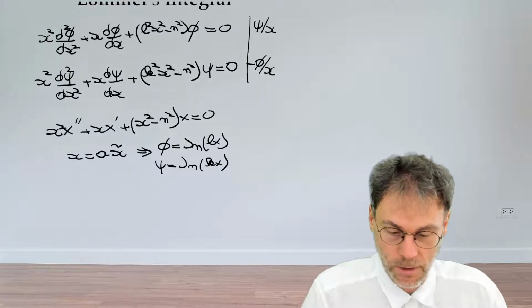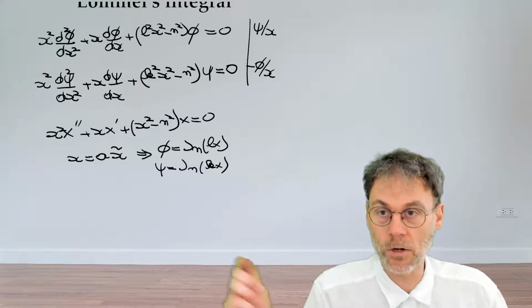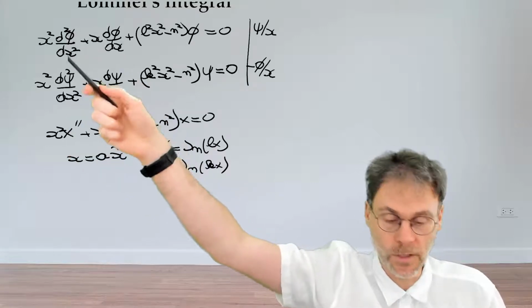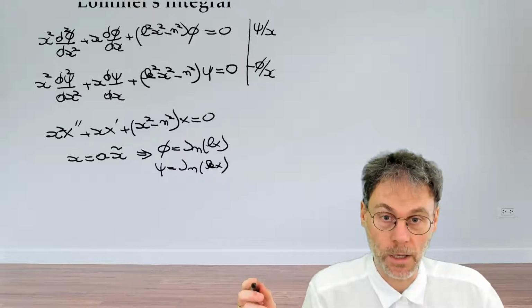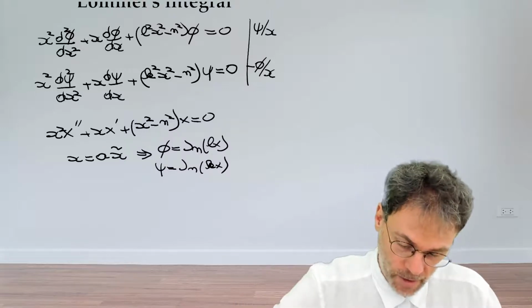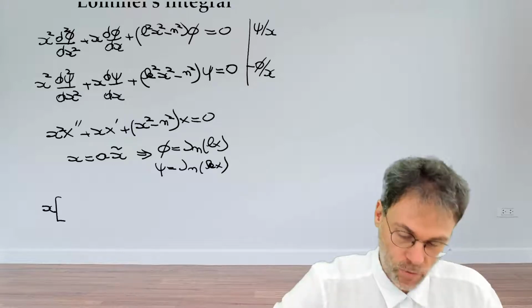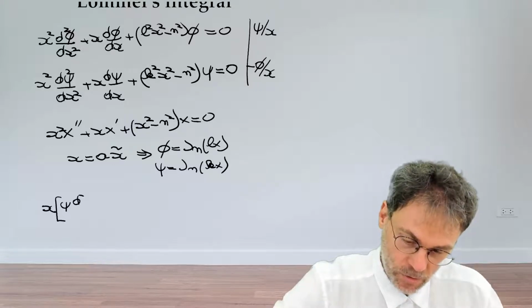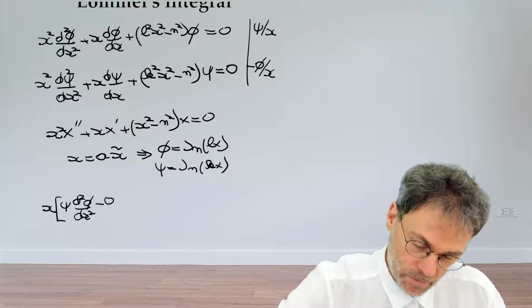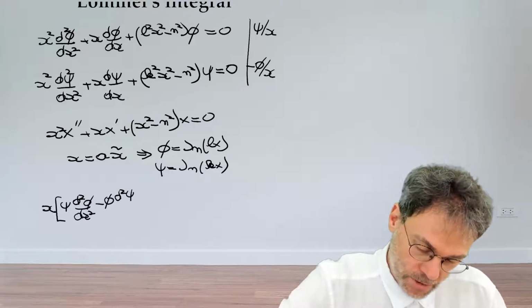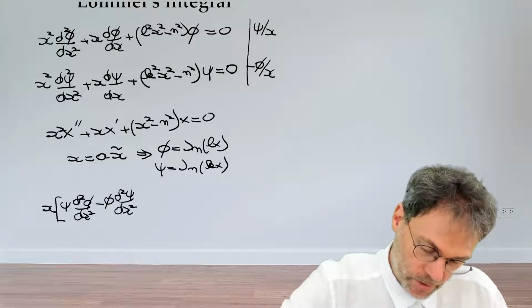Okay, let's see what's happening. Let's first take a look at the two first terms of these two equations. So x squared will be divided by x, so we just have x, and then we have psi d²phi/dx² minus phi d²psi/dx².